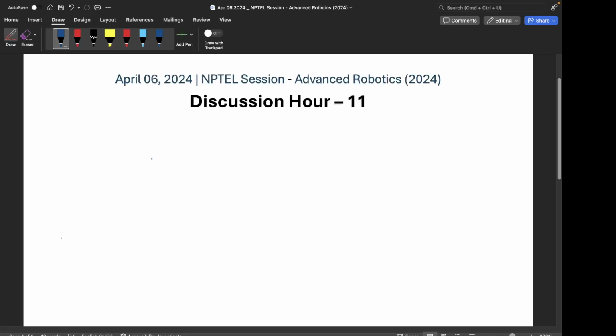Then we discussed the forward and inverse dynamics, the Newton-Euler equations for the dynamics of manipulators, and then we discussed linear control of manipulators, in which we saw how to use second order differential equations, how to model each joint as a second order differential equation system, and design controllers to drive the error, the tracking error to zero.